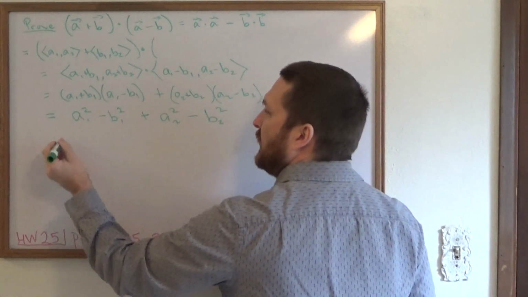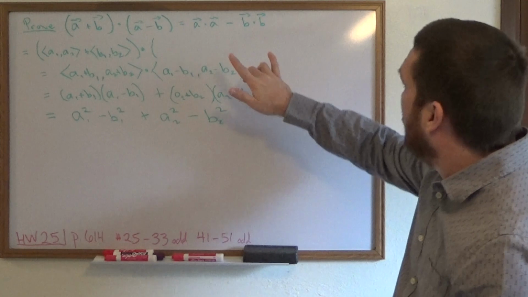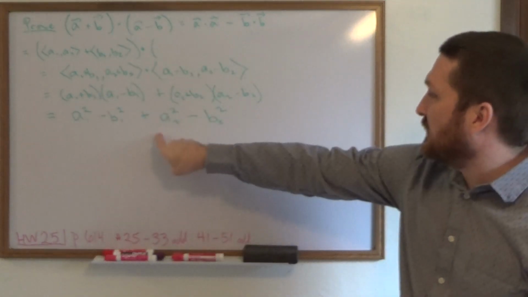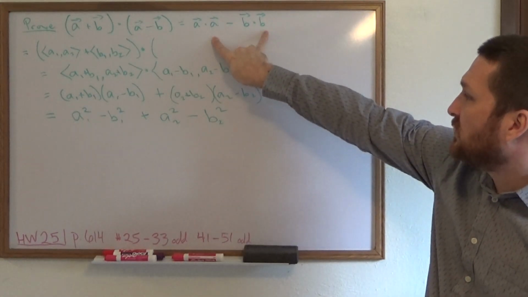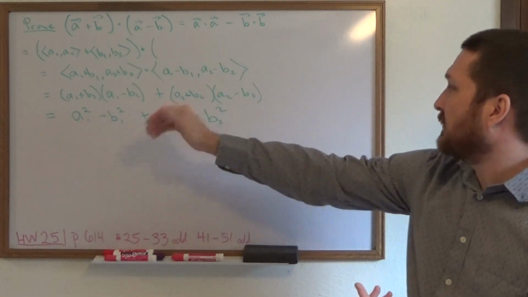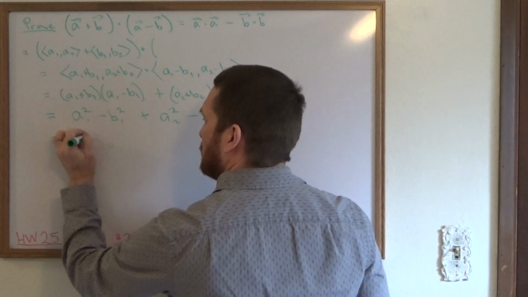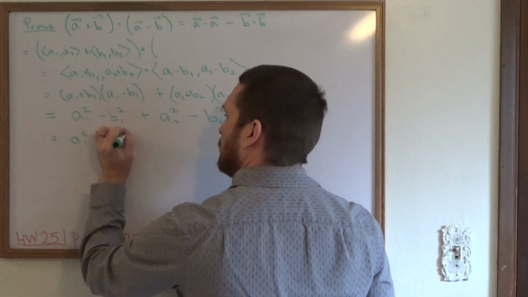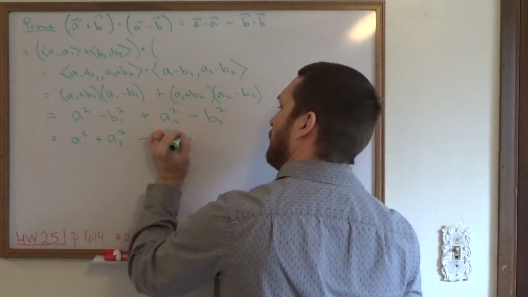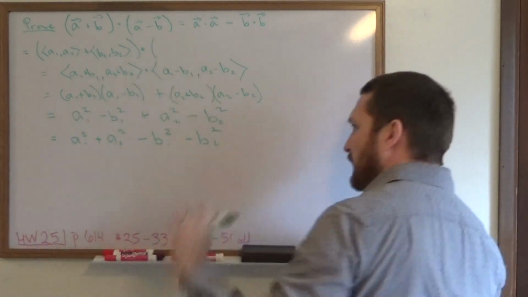And so rearranging, now what am I doing? You're trying to prove that this thing is equal to that thing. So I'm thinking maybe I group my A's together, group my B's together. That's going to be my next step: A1 squared plus A2 squared minus B1 squared minus B2 squared.